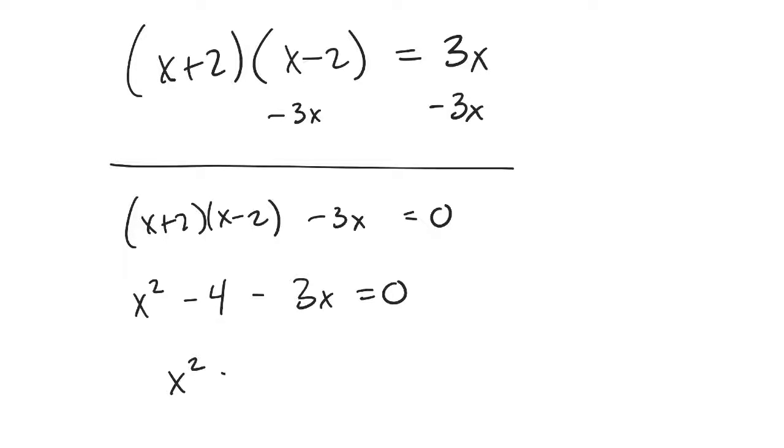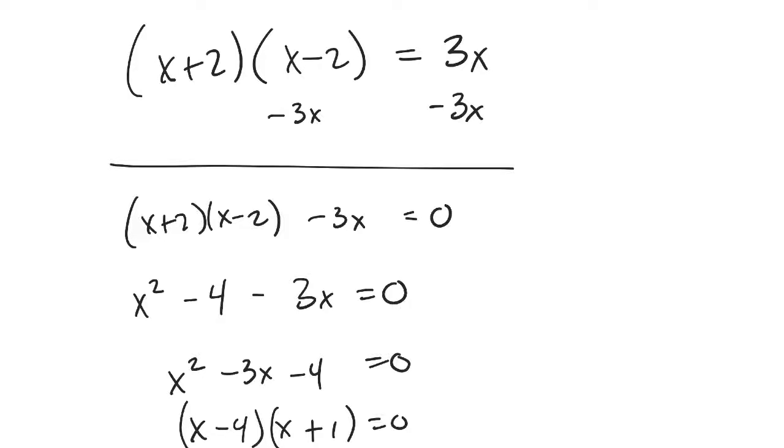And then just reorder it. And then you can factor. Can you solve from there? Good? Does that make sense? Okay? So for all of these problems, when you're going to solve by factoring, you gotta have 0 on one side. That's where the 3x moves over to start.